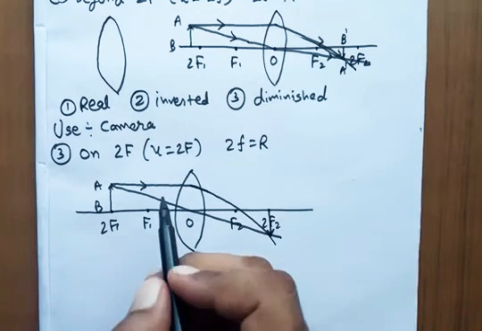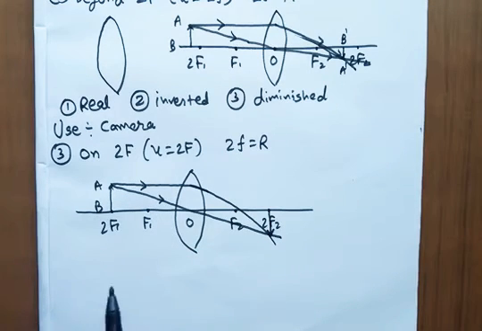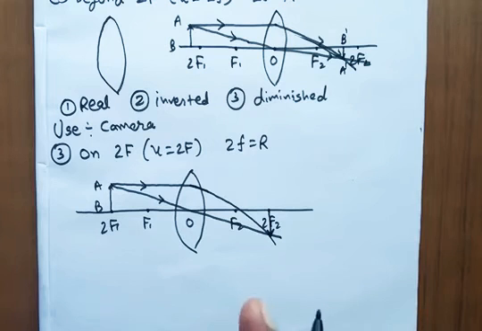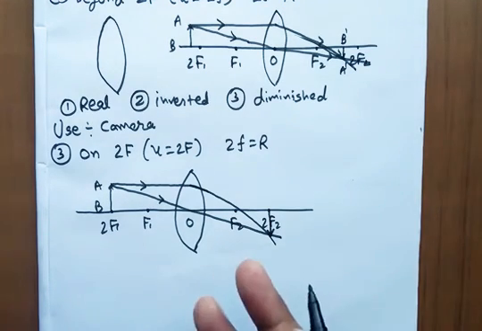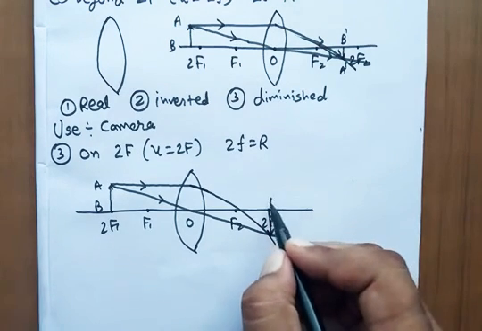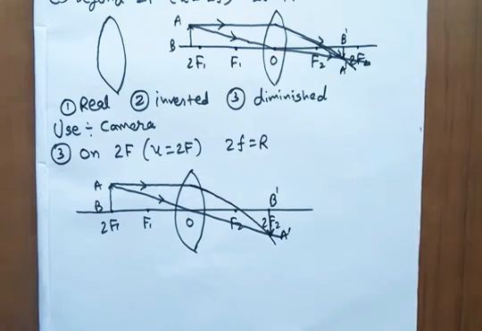So if we put the object on the 2f1 point, we get the image on the other side's radius of curvature. If I put the object on the left hand side radius of curvature, I get the image on the right hand side radius of curvature. Clear? So this will be my B dash and A dash.